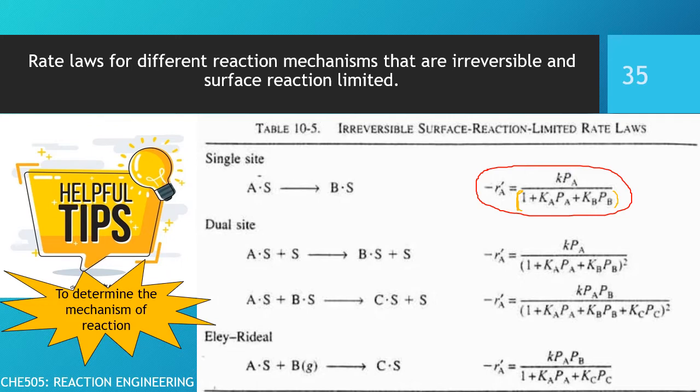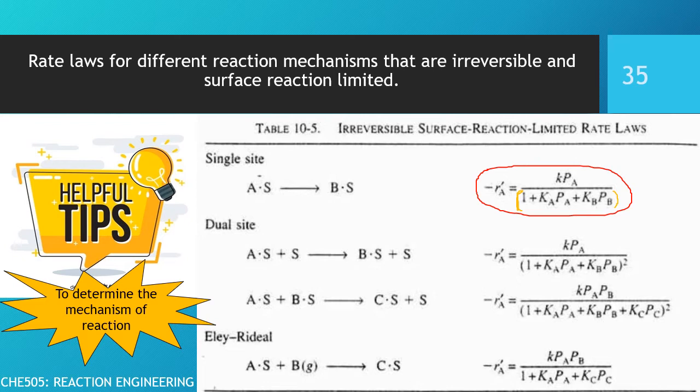Only A appears in the numerator, meaning that you only have one reactant. The denominator determines whether it is single site or dual site. When the denominator is power of 1, it is a single site mechanism. And the numerator only has A, meaning that the reaction only involves one reactant and one product.